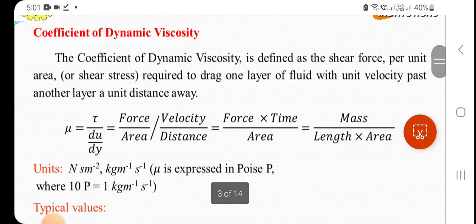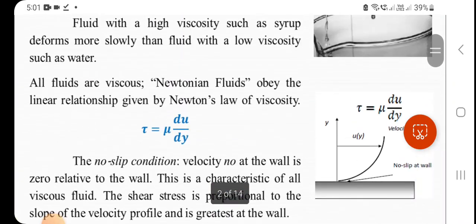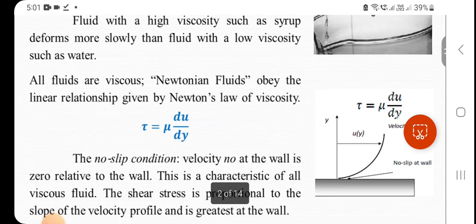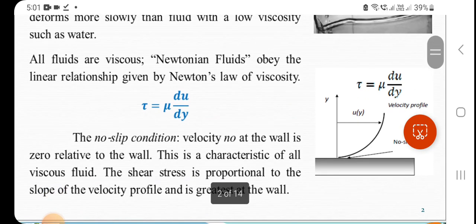Coefficient of dynamic viscosity. So the shear stress tau is directly proportional to dou u by dou y. Dou u is the change in velocity, dou y is the change in distance of the fluid.